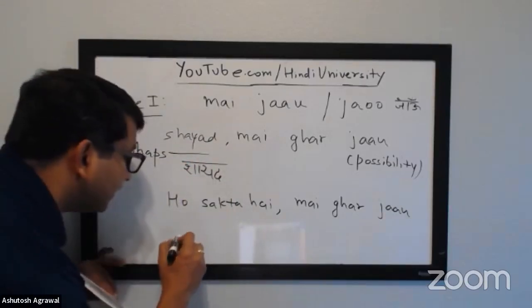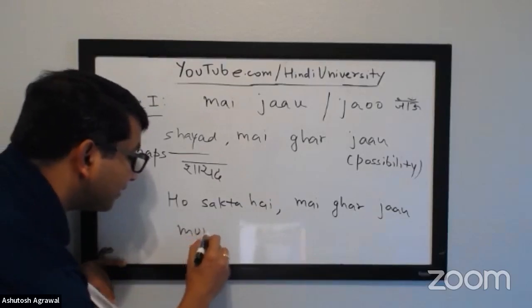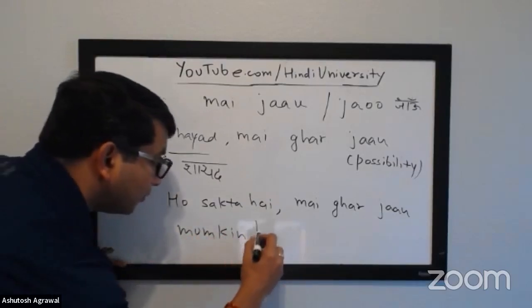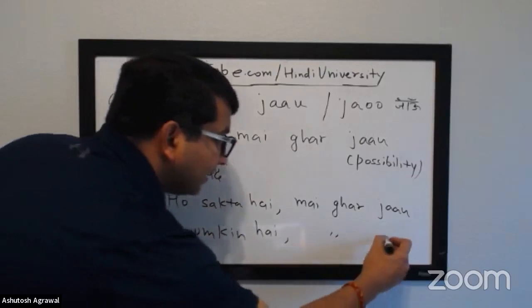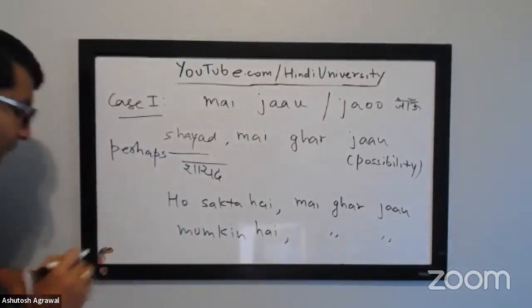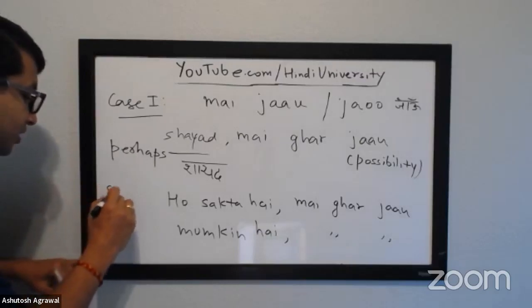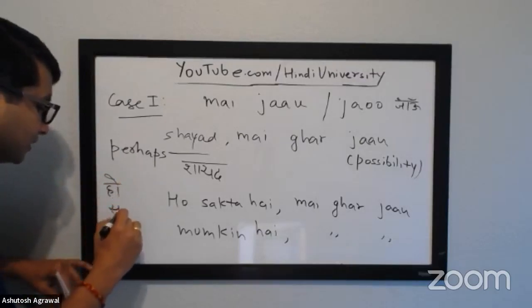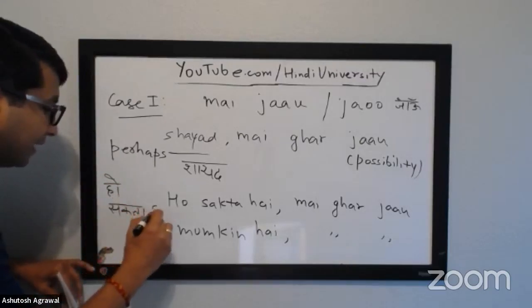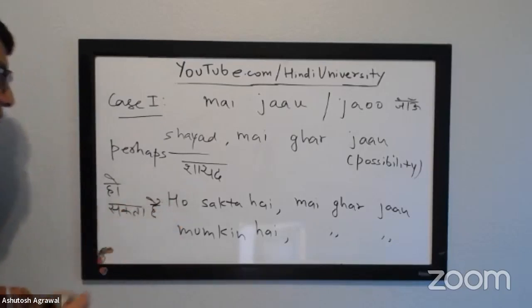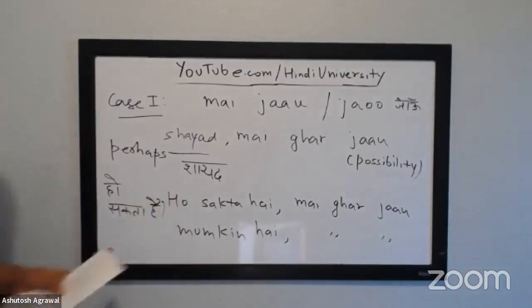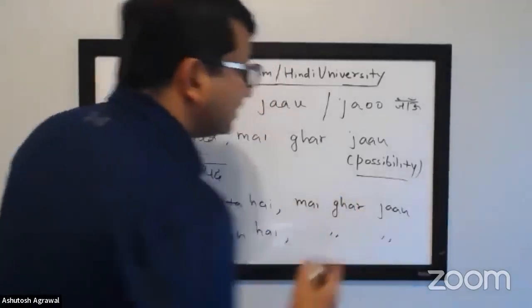You can also say मुमकिन है मैं घर जाऊं. Here you have हो सकता है. And all of them, Sharmila ji, are showing possibility.